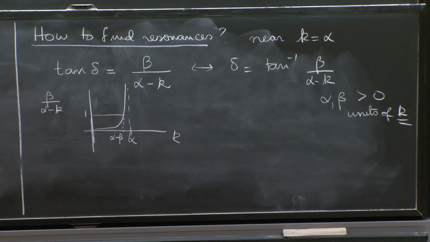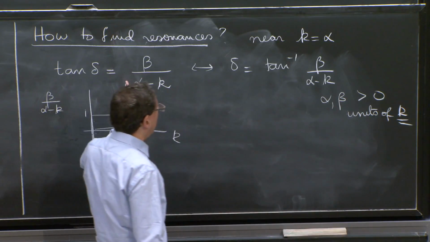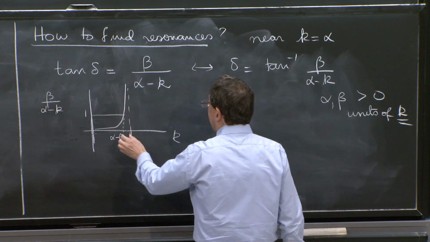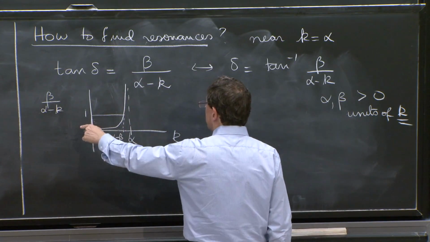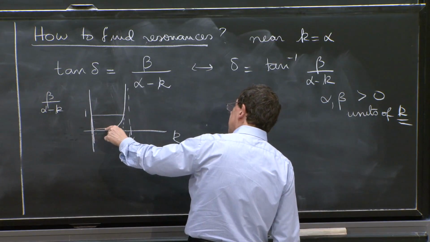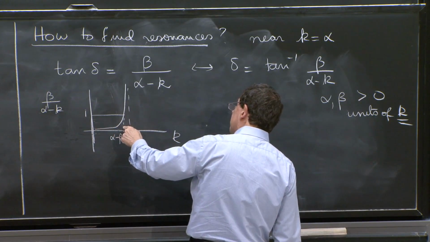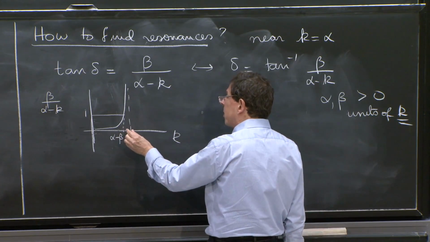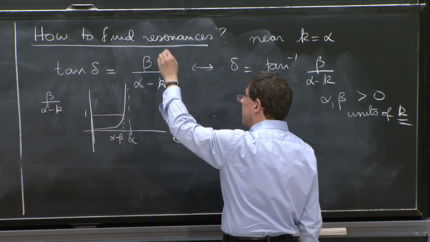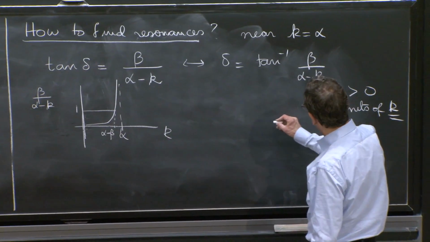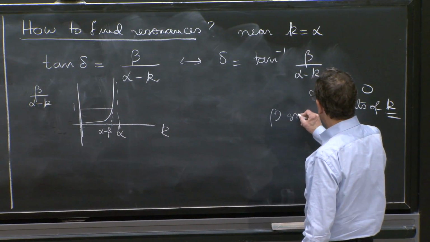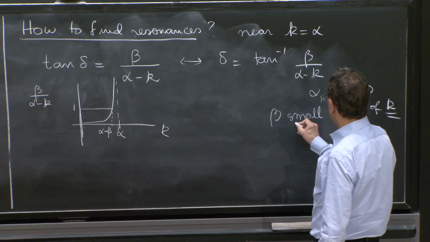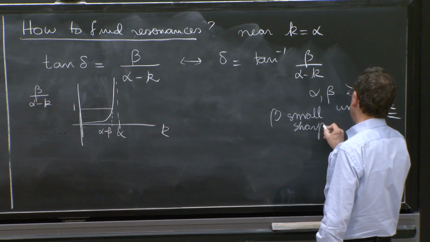So if I want this thing to be very sharp, I need beta to be small so that it's little until it reaches distance beta within alpha, and then it shoots up. So I want beta to be small for sharp behavior.